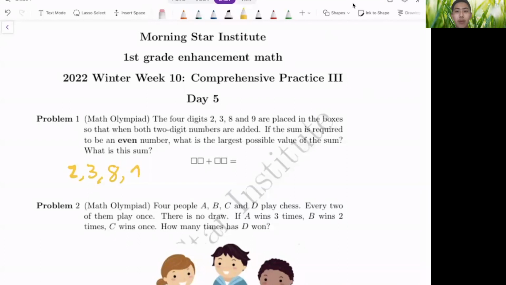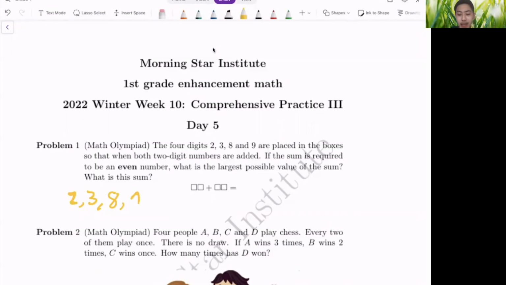For this problem, we are given a requirement, and that requirement is that the sum is required to be an even number. As we know, if a number has to be an even number, then this is either an odd number plus an odd, or an even plus an even. So now what we have to do is play around with the numbers and figure out the answer.